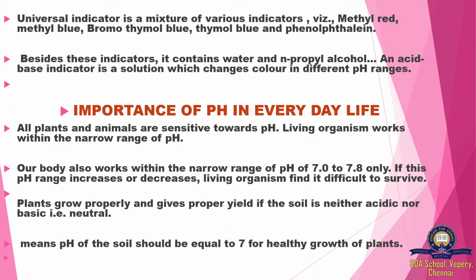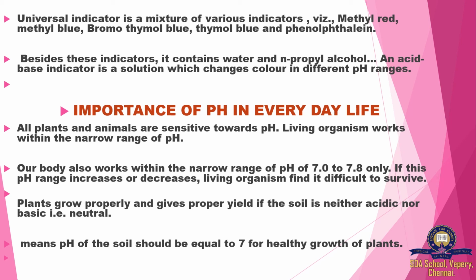Usually, we have indicators to find out acid or base. Commonly, we use litmus paper or phenolphthalein or methyl orange. Here we have a universal indicator. It is a mixture of various indicators like methyl red, methyl blue, bromothymol blue, thymol blue and phenolphthalein.